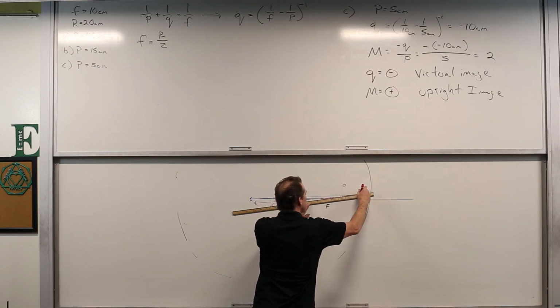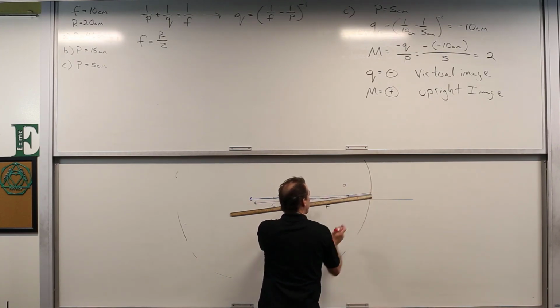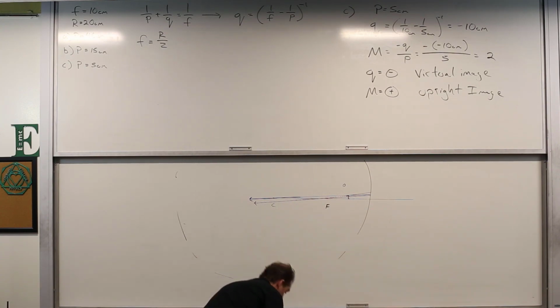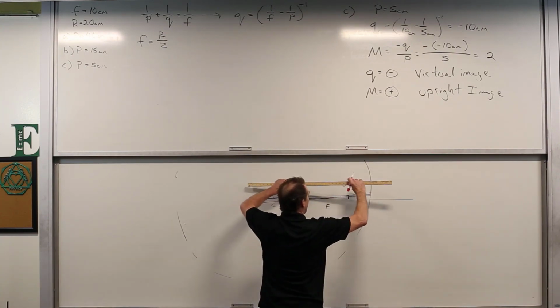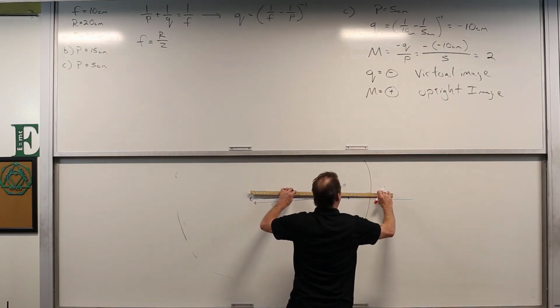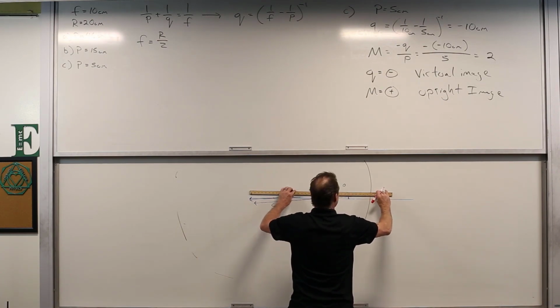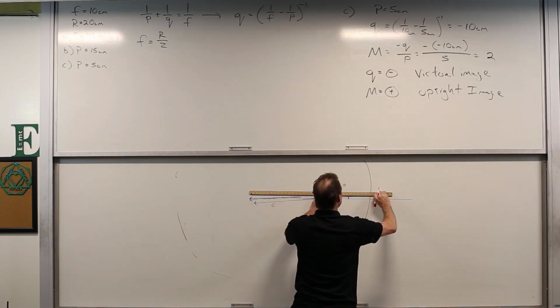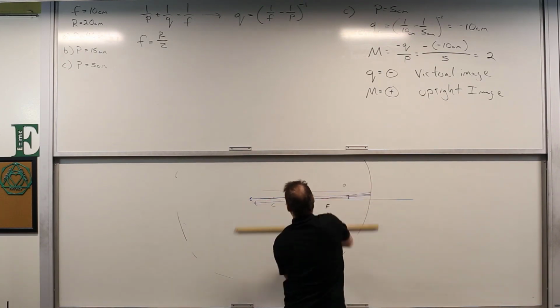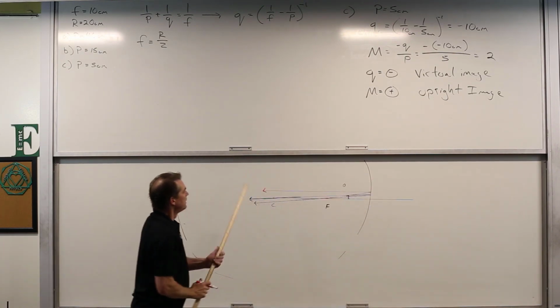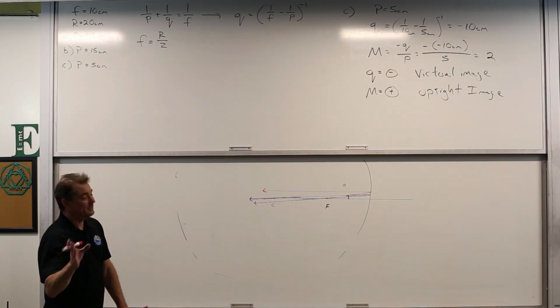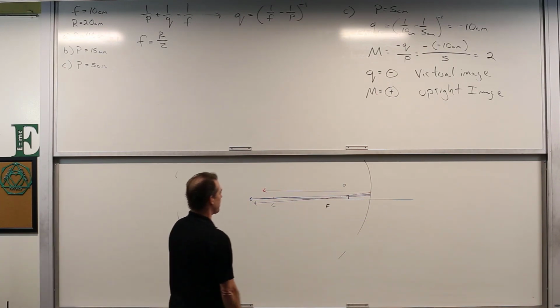It comes and strikes the mirror there. And then reflects parallel to the principal axis. So let's try to do that. Within reason, I'm good with this.